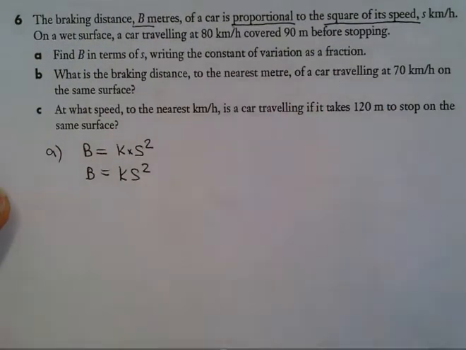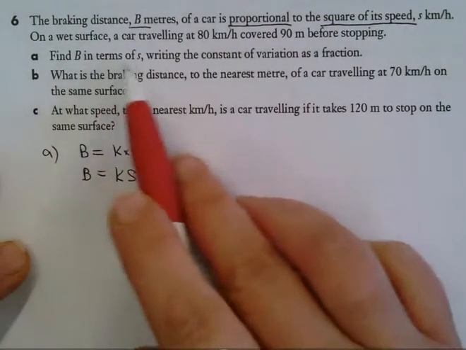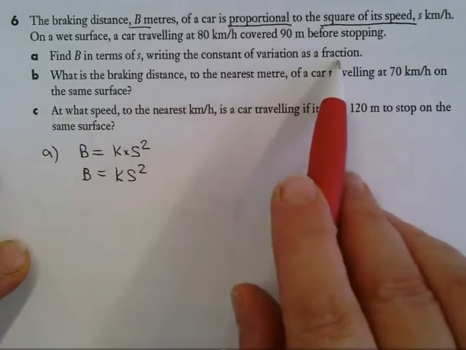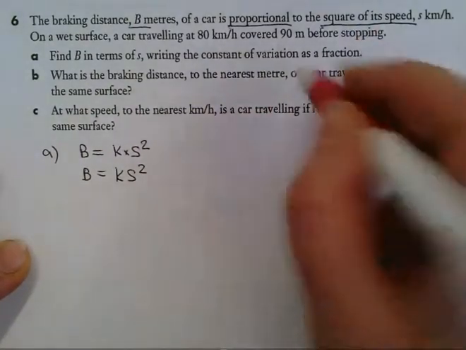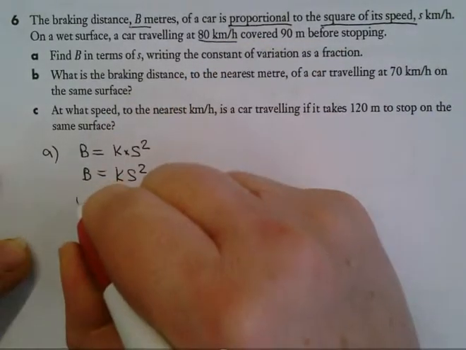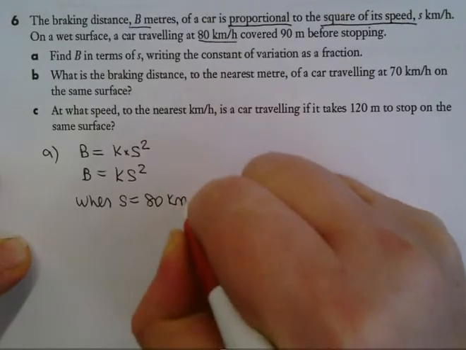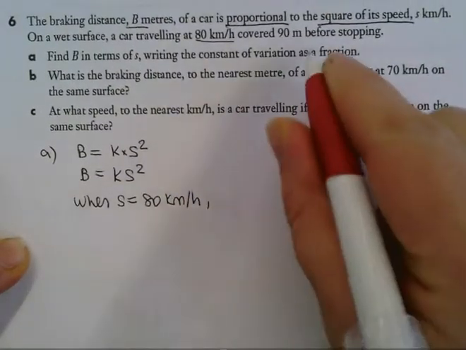Every other step is now the same. We have to work out k by substituting. We put the k value back in, and then we substitute again to answer our question. So find B in terms of S. We need the constant of variation as a fraction. So what do we substitute? 80 kilometres per hour is a what? So when S is 80 kilometres per hour, what's the other one?